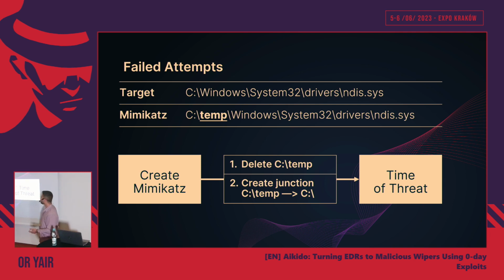And the second behavior was that some EDRs just realized that the threat is gone after I myself deleted the mimikatz file, so they just didn't try to delete an extra file after I did the whole thing with the junction. So I understood that the potential gap that I imagined probably doesn't exist, or I need to expand it somehow.